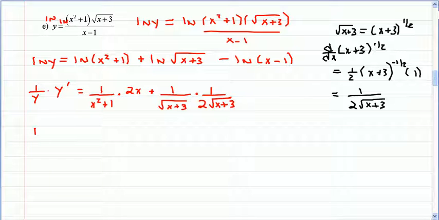So if I rewrite this, 1 over y times y prime is equal to 2x, and then minus 1 over x minus 1 times the derivative of the denominator, which is just 1.